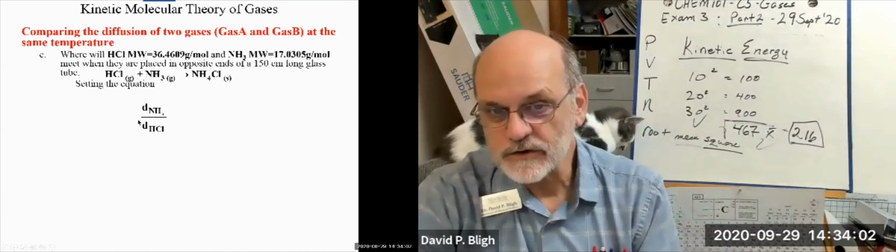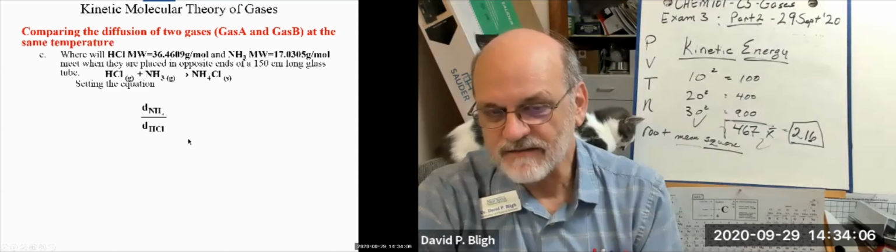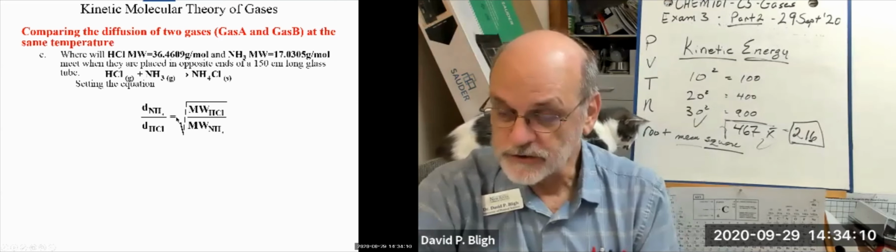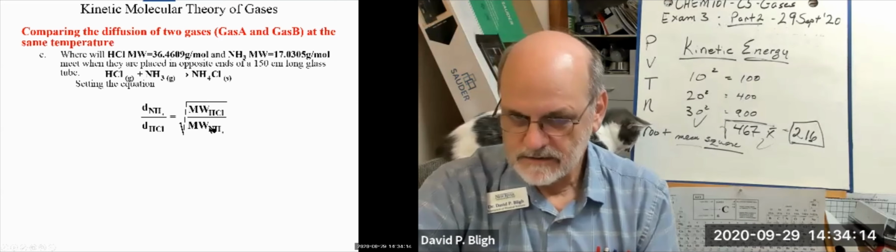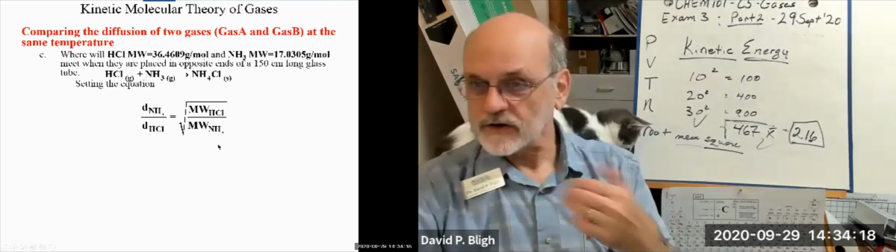And the ratio of the two is expressed here by that value. And the ratio is still equal to the square root of molecular weight of hydrogen chloride divided by the molecular weight of ammonia. So here's an equation.